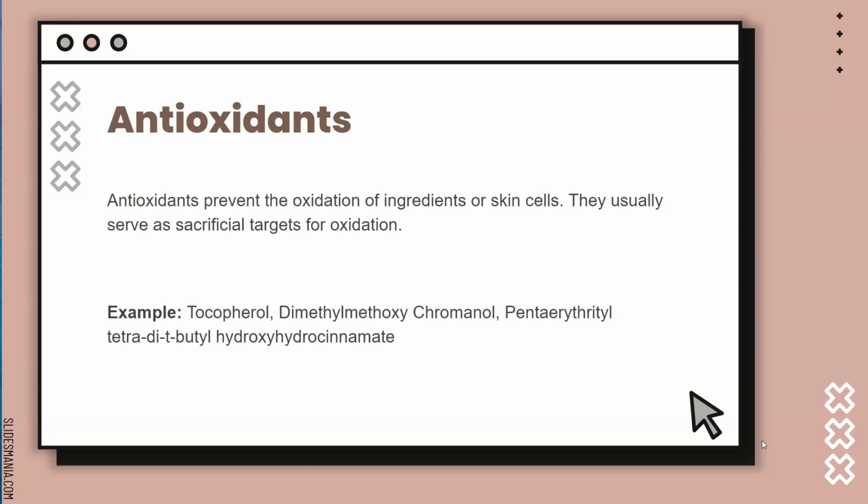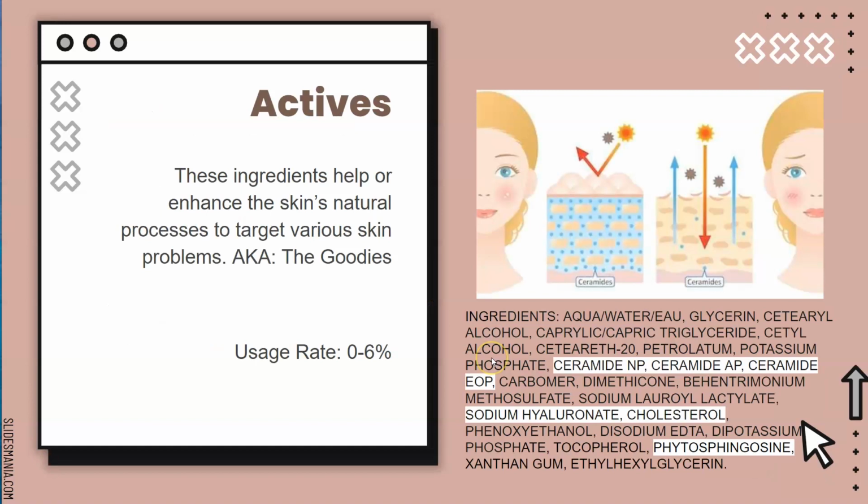The use of antioxidants makes it so that these antioxidants would be targeted first. They would be oxidized first instead of the ingredient being oxidized. So they sacrifice themselves so that your ingredients or your formulations stay unoxidized or stable. Examples of these are tocopherol, dimethylmethoxychromanol, pentaerythrityl tetra-di-t-butyl hydroxyhydrocinnamate, these are pretty good antioxidants that are used in skincare.